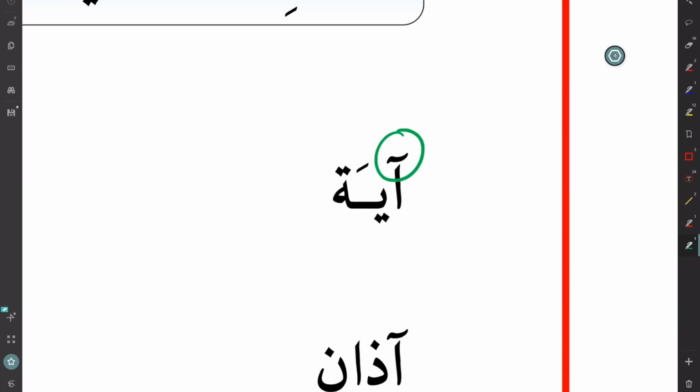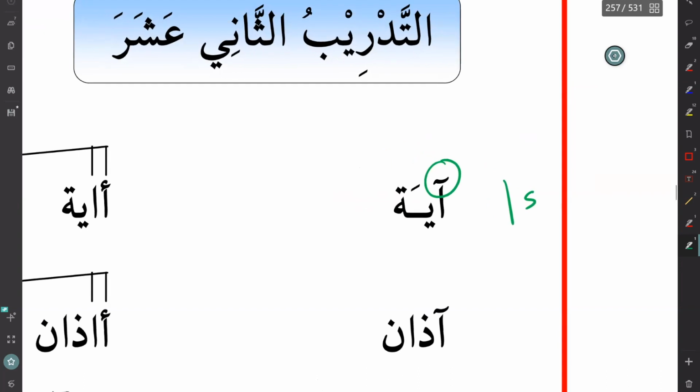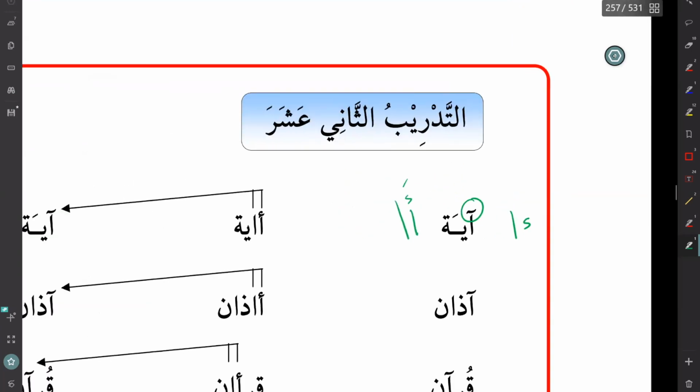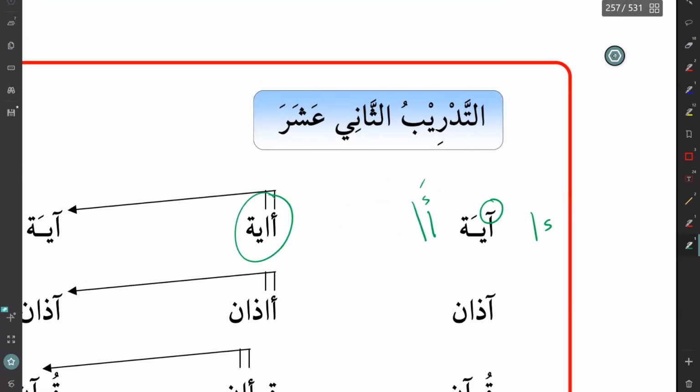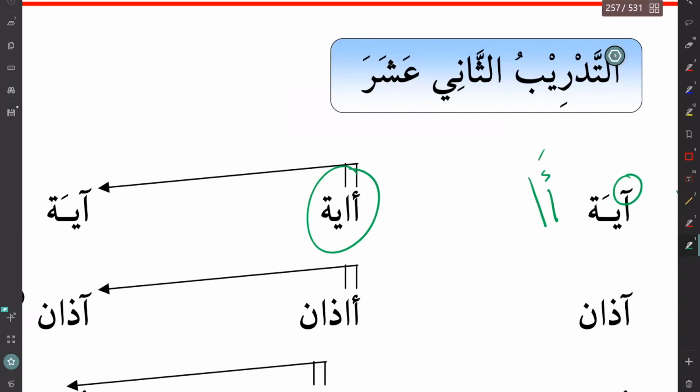What does it mean? It basically means you have a hamza and alif. It just basically means hamza, because we don't want to write something like that, right? It doesn't look that good. For example, this is exactly what it means. You have hamza, and then you have alif, and then everything else.